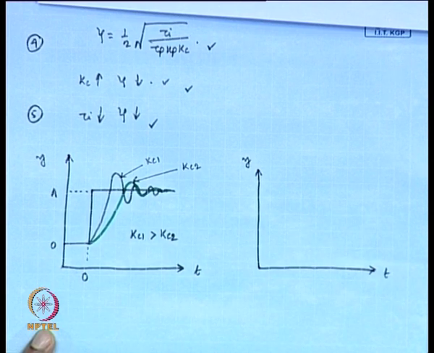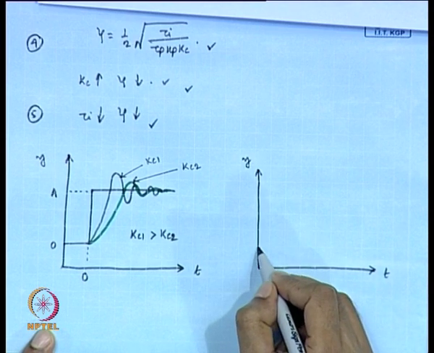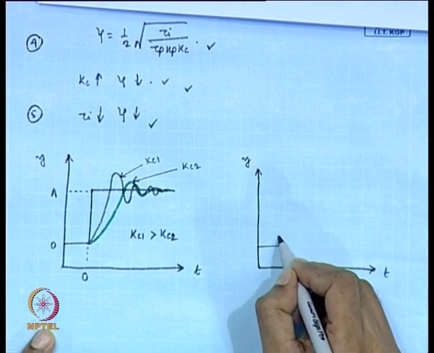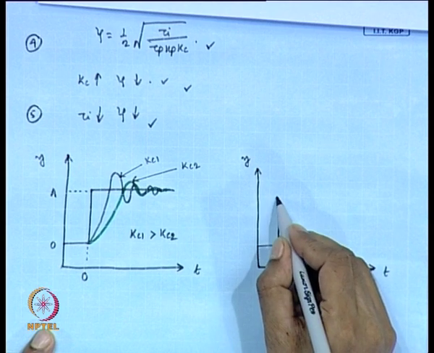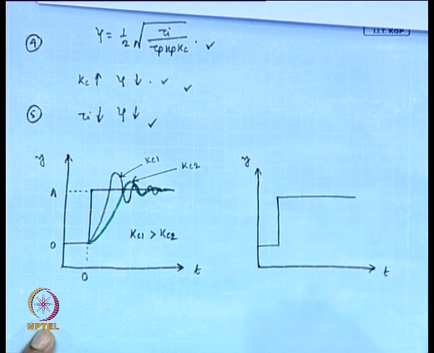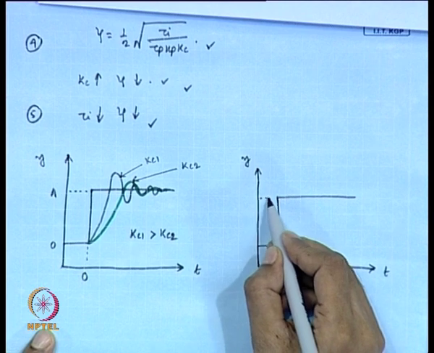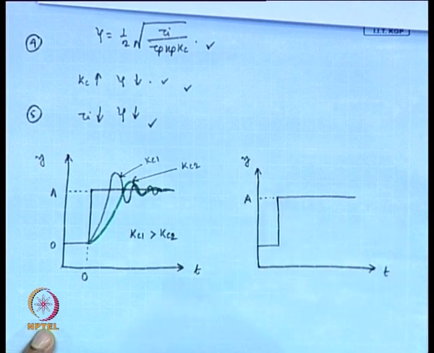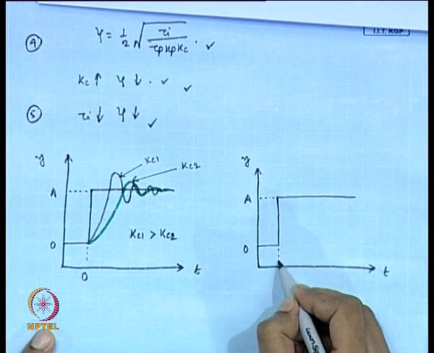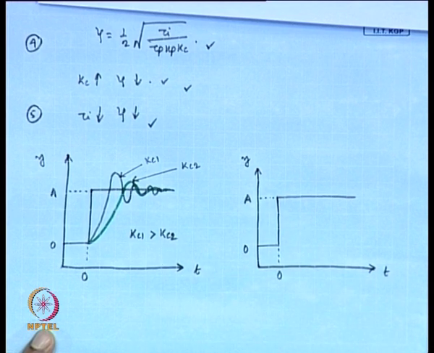So, we will try to produce Y versus T. Similarly, a step change is introduced in set point with magnitude, suppose A, at time t equals 0.